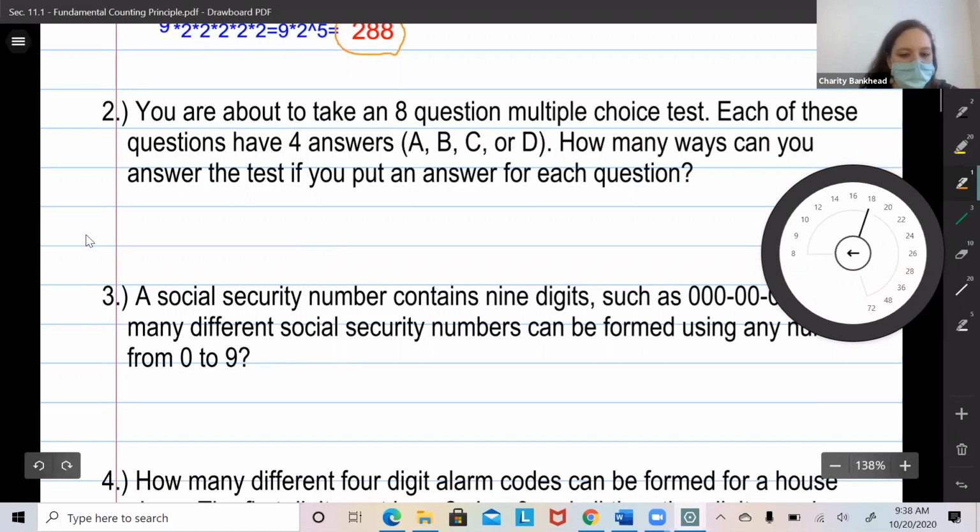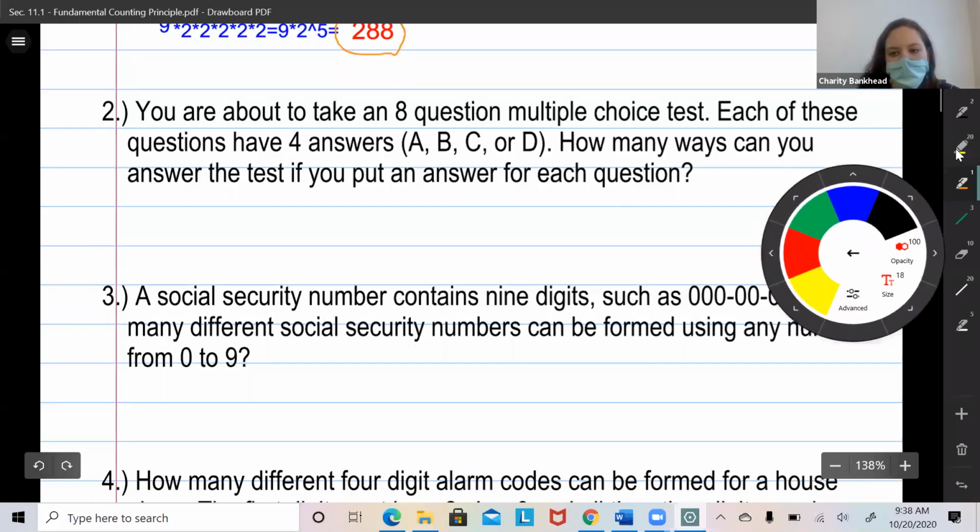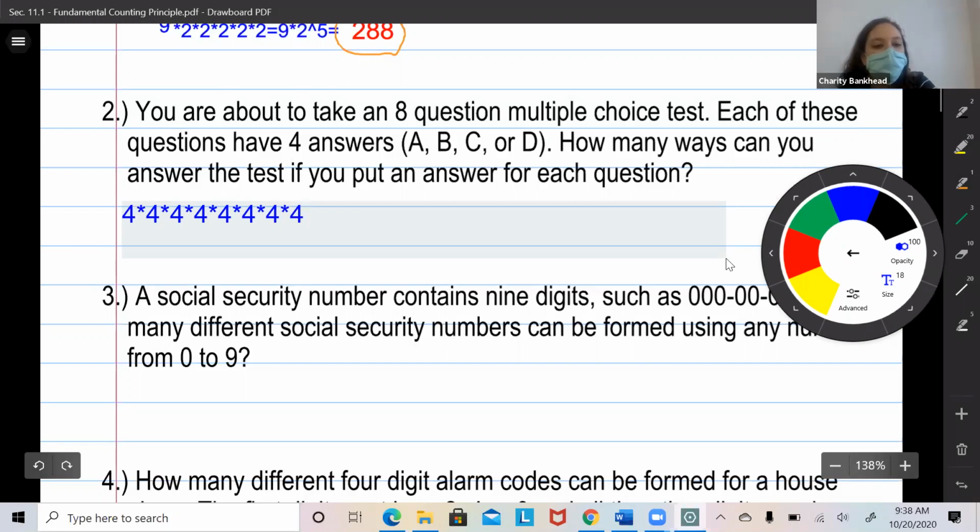Okay, so there's 8 questions on the test, and for each of those, you have 4 possible choices. How many is that? 1, 2, 3, 4, 5, 6, 7, 8.